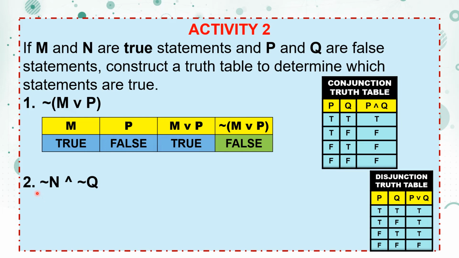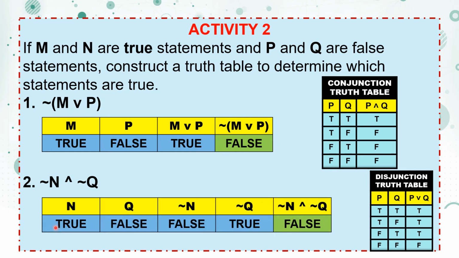Next, number 2, not N and not Q. So, itong symbol na to can be read as and. So, since it is and, it is conjunction. So, gagamitin natin yung conjunction truth table para makuha ang kanyang truth value. Sulat muna natin yung truth value ng N at Q natin. Yung N, by the given, N is true. So, we have true.